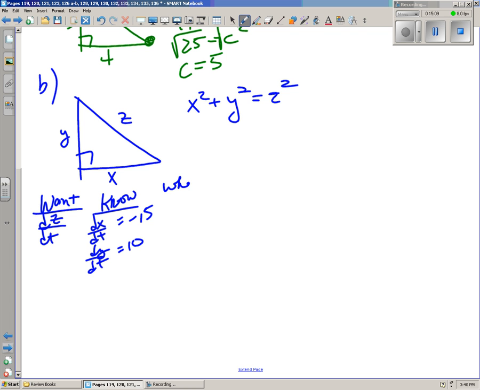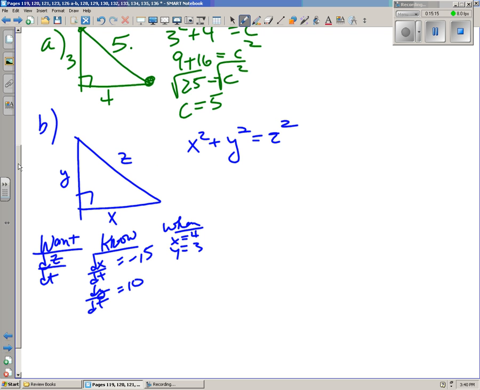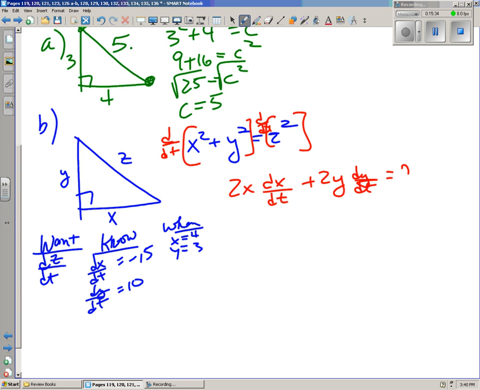And we want to have this happen when x is 4 and y is 3. And that's kind of why they gave you part A. You'll see in a second. So, differentiating with respect to time on both sides, we would get 2x dx over dt, because again, x is a variable that changes as time goes on, so you want the chain rule here, plus 2y dy over dt equals 2z dz over dt.